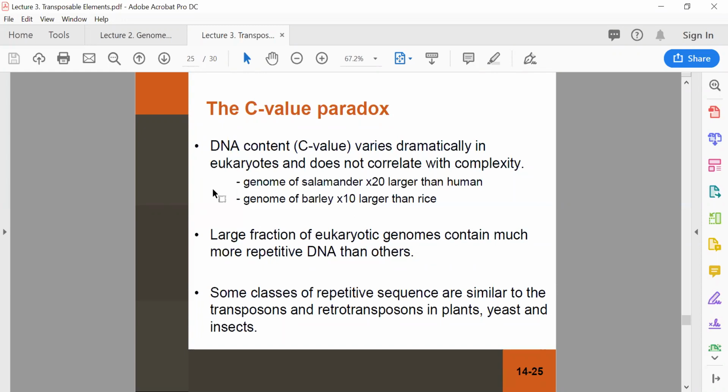But a large fraction of eukaryote genomes contain a lot more repetitive DNA than others. And some of this repetitive DNA sequence is very similar to the transposons and retrotransposons that are found in plants. So not just in yeast, but they're found in plants and also in insects.